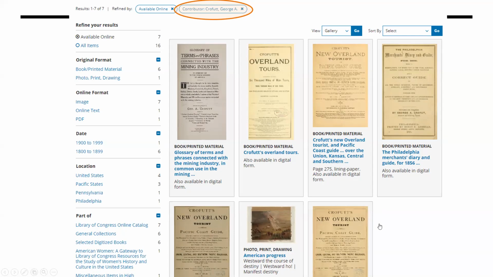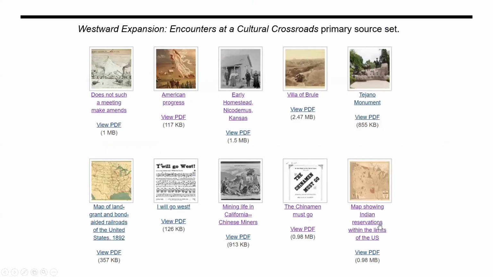Kathy, next click. A reminder, I pulled this out of a primary source set on Westward Expansion. A reminder that on the teacher's page, we have built more than 36 themed or topical primary source sets, and those can be a good time saver.